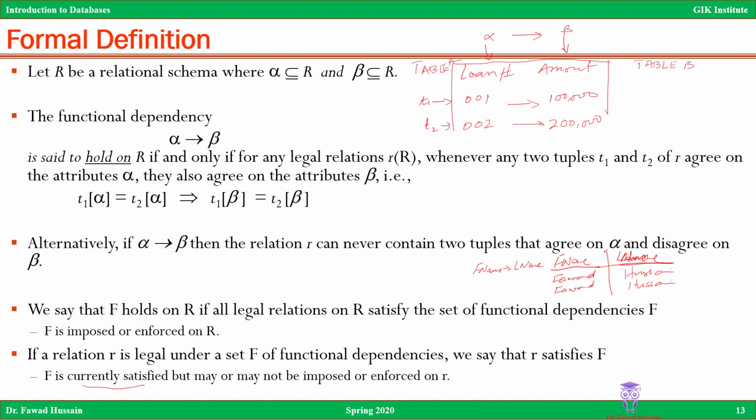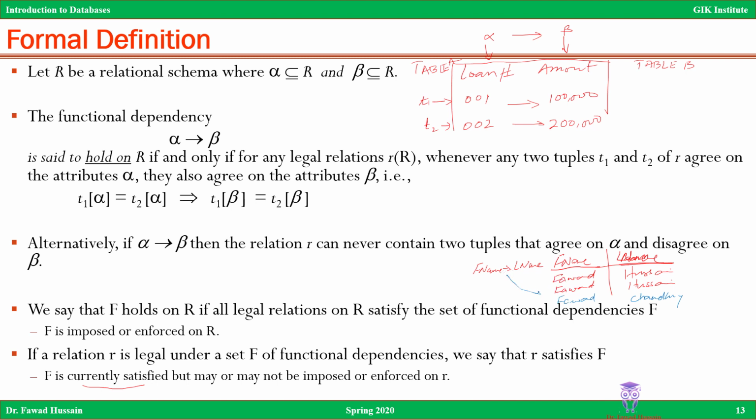What this means is, in this table, it is satisfied. However, I can always come up with another example where I have maybe this, and who else? Okay, we have the Science and Technology Minister Fawad Chaudhary. So in this case, this fails.